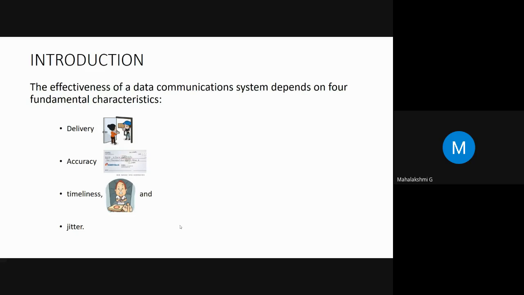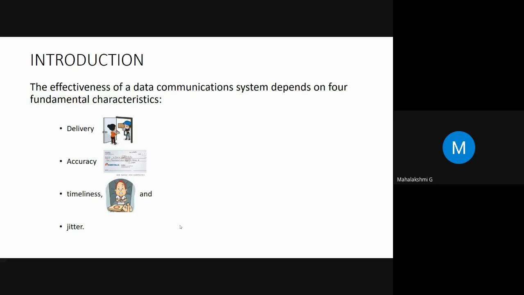If the data is delivered late, then it is useless. It is the best case if you consider video and audio. Timely delivery means delivering data as they are produced, in the same order that they are produced, and without significant delay. This kind of delivery is called real-time transmission.